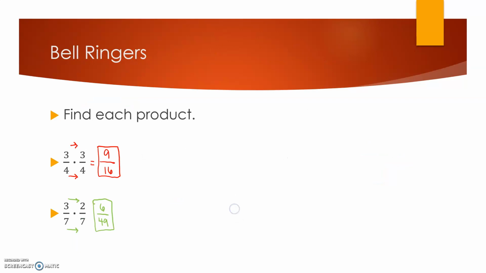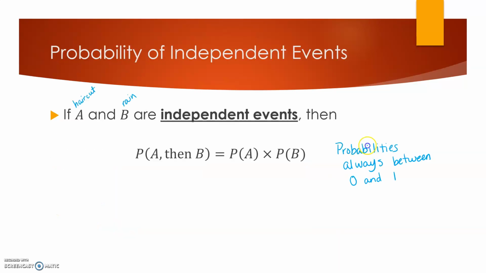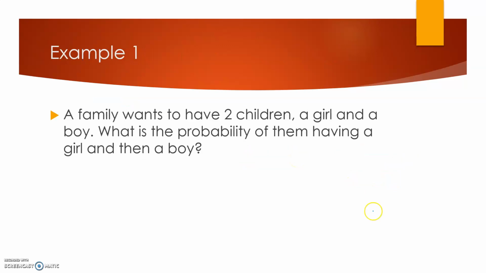You can see on our problem here, 3/4 and 3/4, that's 0.75 for each of those. That's between 0 and 1. And our answer is less than 1 because the numerator is smaller than the denominator. Same thing here. Both of these are between 0 and 1, so is our answer. So our probabilities have to be between 0 and 1 to make sure that this happens.